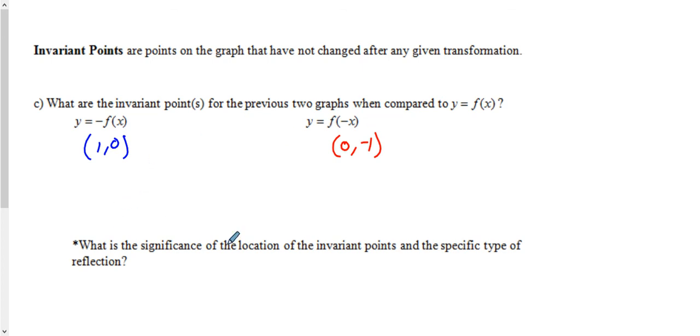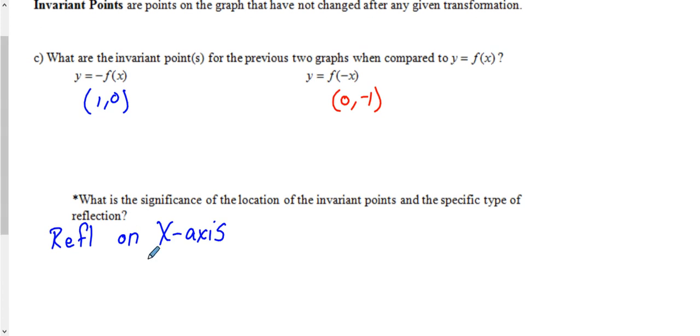Here it says, what's the significance of the location? The key here that you need to know is when you're reflecting on your x-axis, so I'm just going to write it down here, reflect on x-axis. When you have this scenario, your invariant points will be all the points on your x-axis.